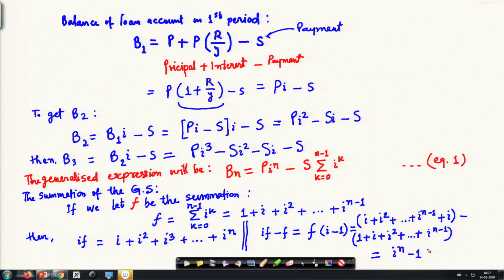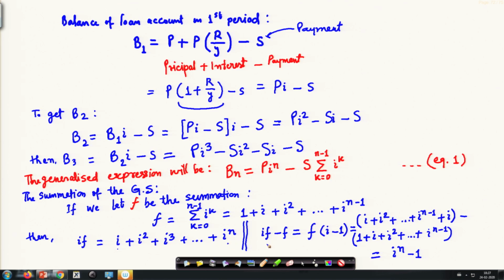and this can be expressed at the end as I^n minus 1. Now, so far f has been the summation of the geometric series. Here we have taken f as the summation of all I^k for given k, the period for which it is compounding, shown as 1 plus I squared, I cubed and so on till I^(n-1), and then if we multiply I on both sides, we get I f is equal to I plus I squared, I cubed, I to the power 4 and so on till I^n.